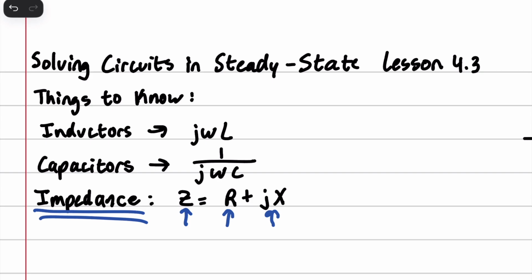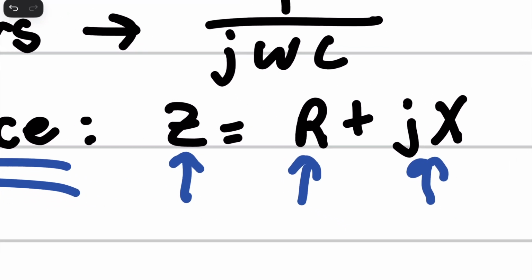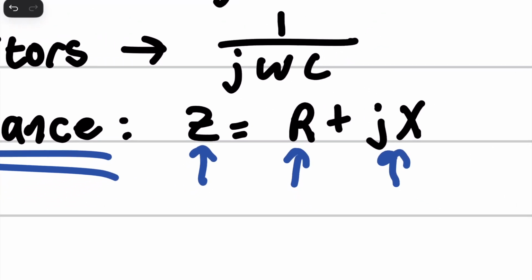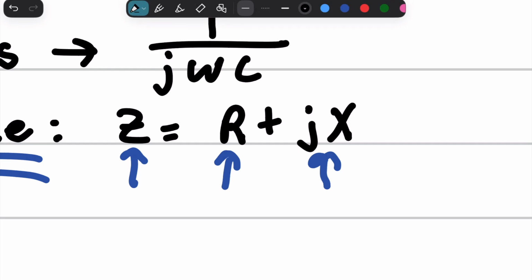And the reason is that we are now going to be thinking about impedance. Now, impedance is represented by a Z, and impedance has a real part and an imaginary part. And the real part is the resistance, the resistors, and the imaginary part is the reactance.